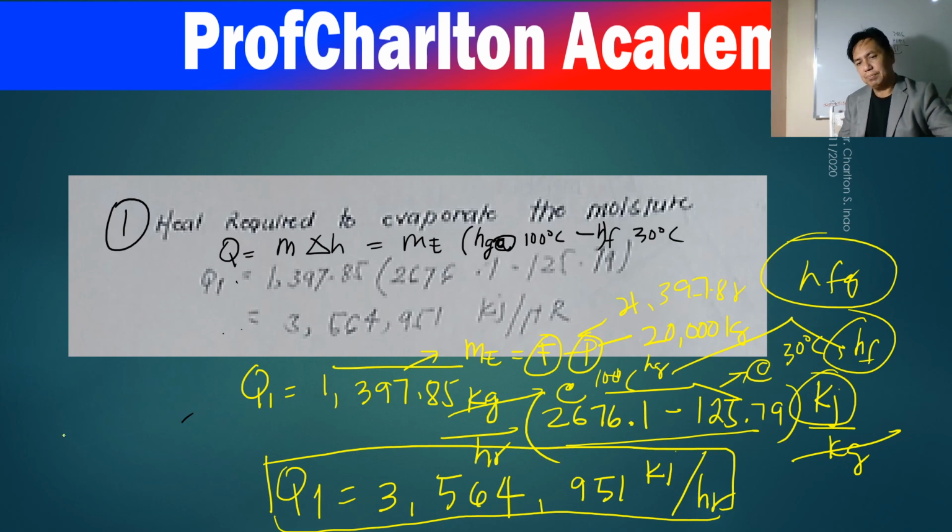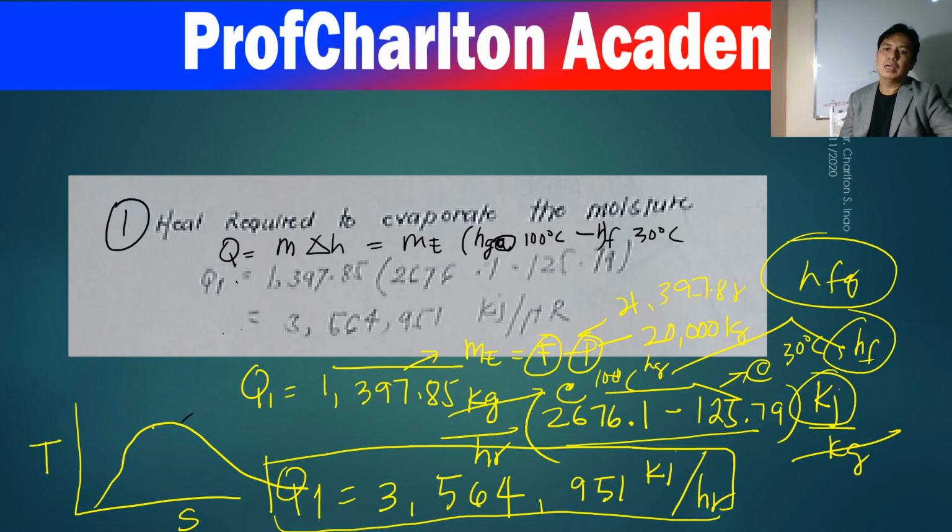So in the Ts diagram, temperature-entropy, here is the critical point. The temperature here is the fluid, so here is the fluid line.